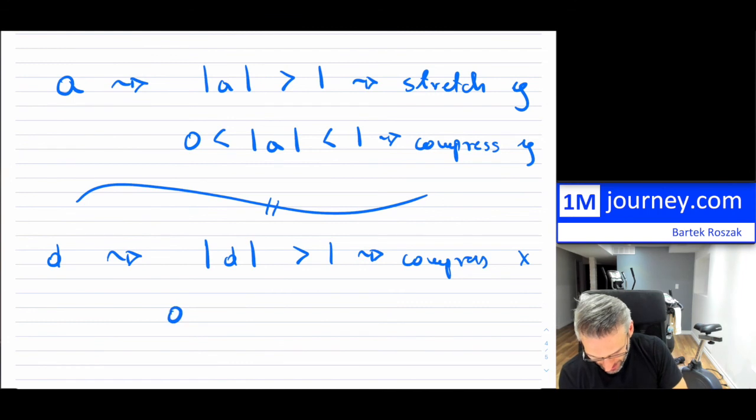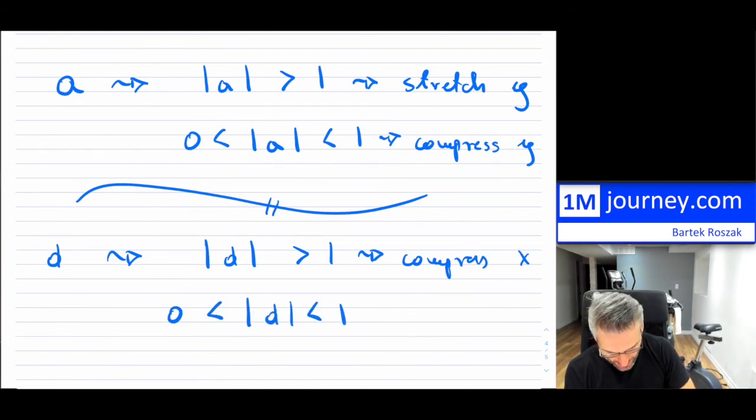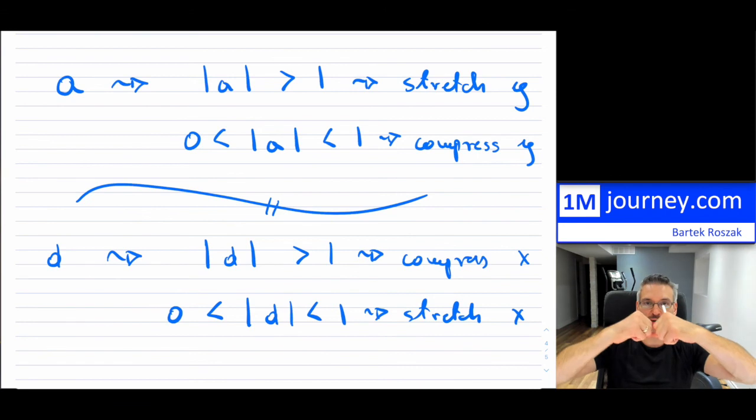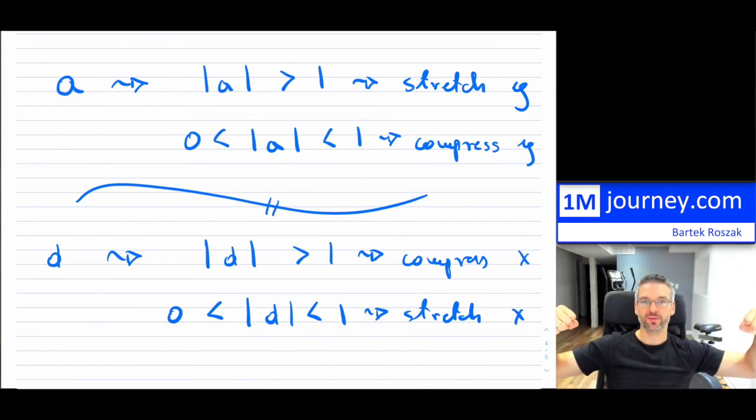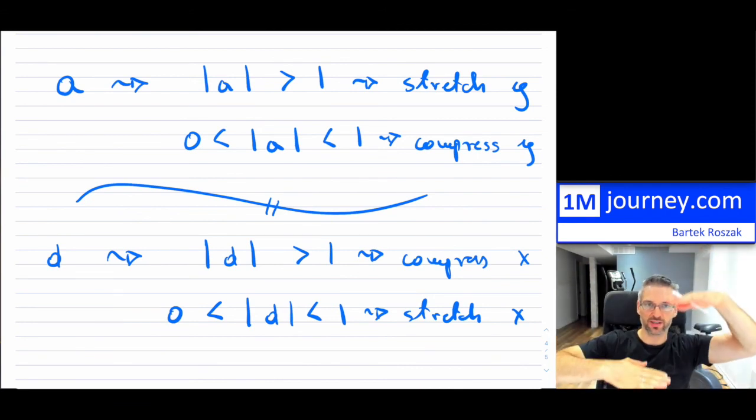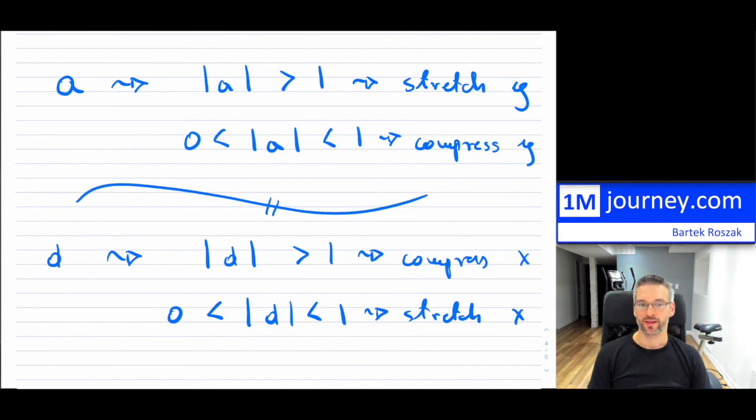And then again, if it's between 0 and 1, then this is actually stretching in the x, which means it's trying to pull it apart this way, which sometimes you might think of as compressing this way in the y. So that's just a summary for you after those couple of examples, which hopefully will help you. You can make notes for yourself on that.